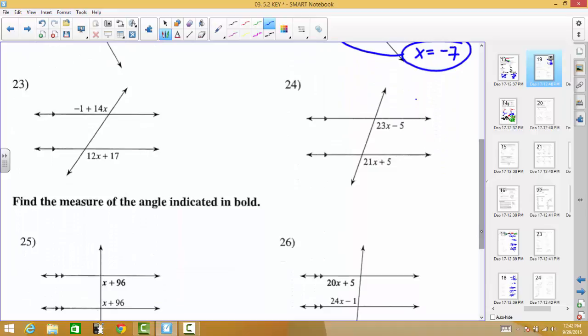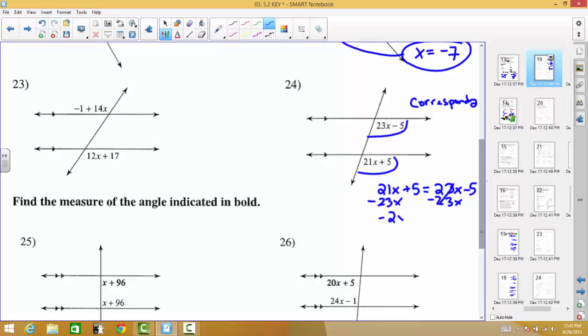In 24, these are corresponding. So this angle and this angle are the same, so we're going to set them equal to each other. Now, you have an x on both sides of the equation. You want all of your x's together, and it's kind of nice if they're on the left. So I'm going to move the 23x to the left.